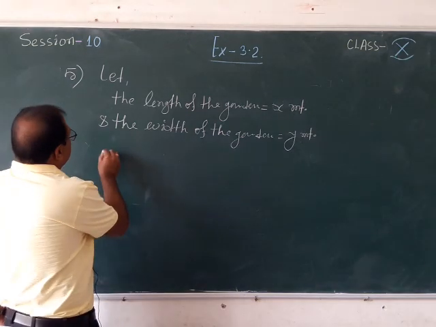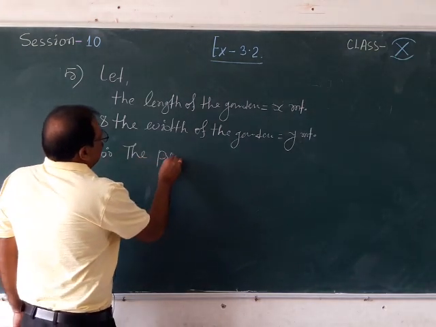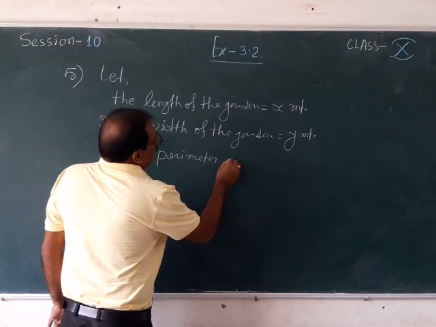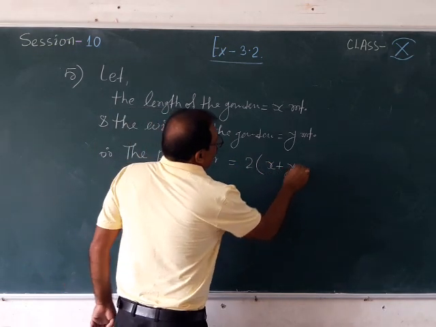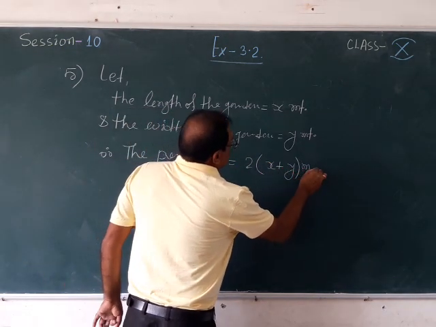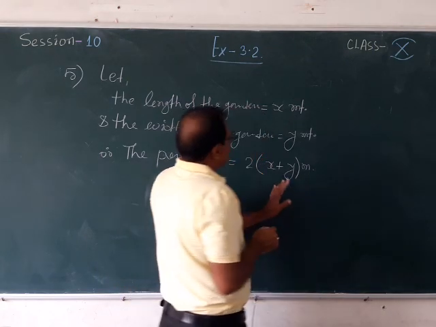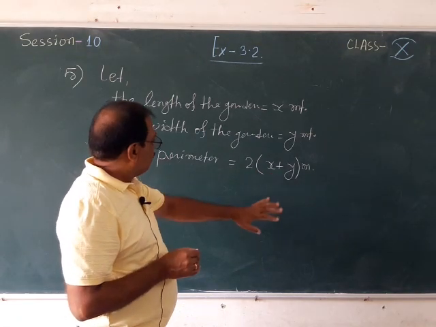Therefore, the perimeter of the garden is equal to 2 into (length plus breadth), means 2 into (x plus y) meter. So it will be 2x plus 2y meter. This is the perimeter, 2 into length plus breadth.